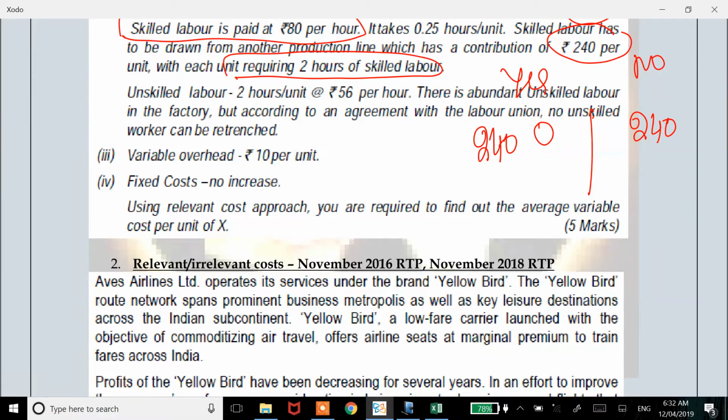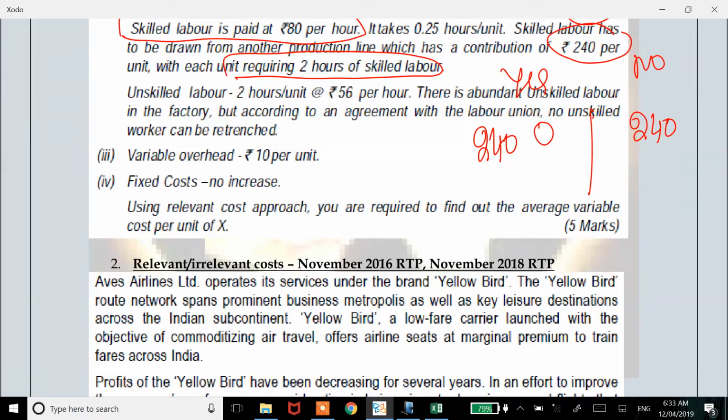So if you have already deducted the labor cost, then add it back. If you have not deducted the labor cost, then you need not add it back. Here it's not very clear. Some problems will say the labor is working on some other job, selling price is 400, variable cost excluding labor is 160, so net they are earning only 240.